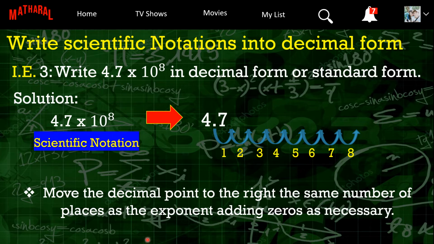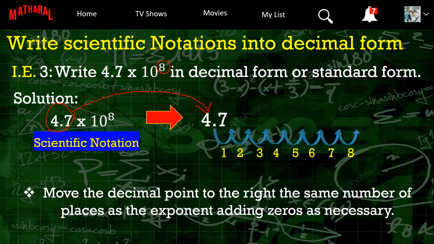We're going to recopy 4.7. We just copy that, 4.7. And then, from the decimal point, since the exponent of the base 10 is positive, we're going to move the decimal point from left to right, counting 8 decimal places.